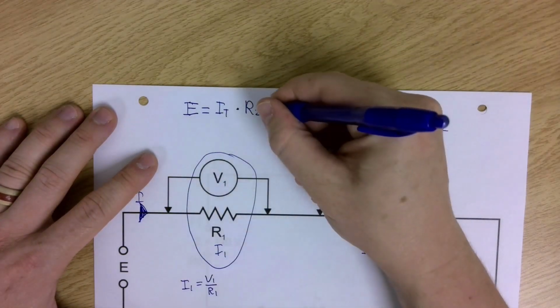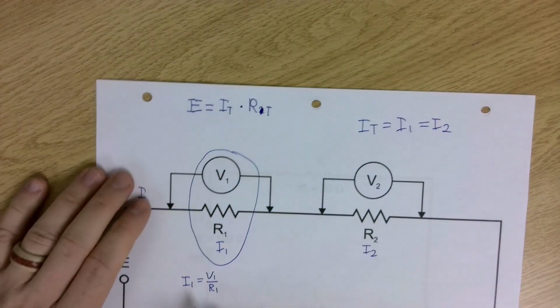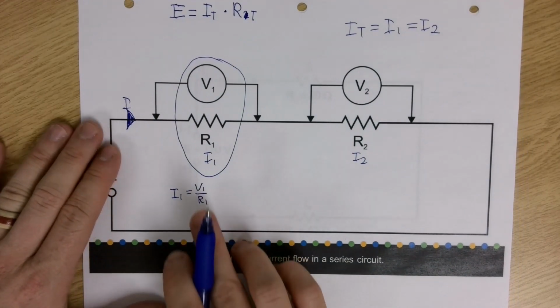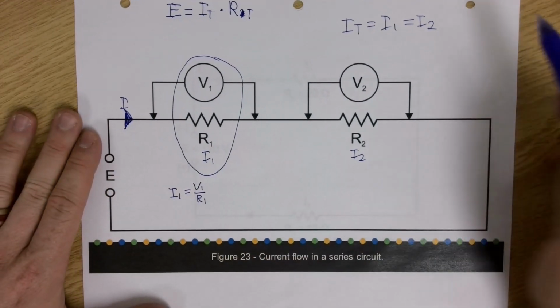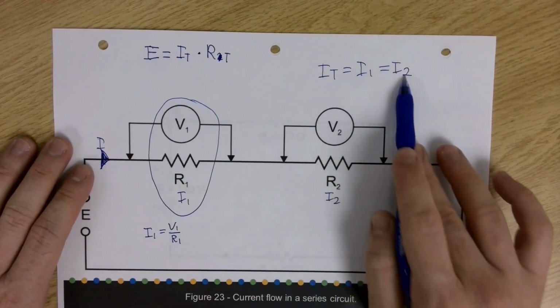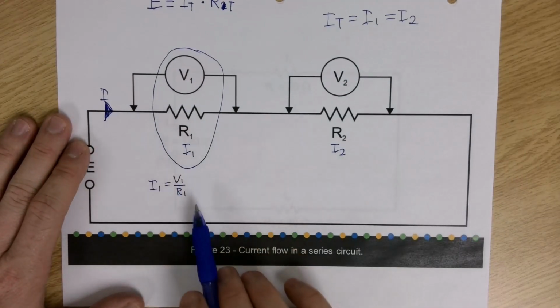It would have to be R total. So I1 is equal to V1 over R1. But, I mean, in the simplest words, I is I is I. And I'm not talking about myself. I'm just saying that the current is the same everywhere.